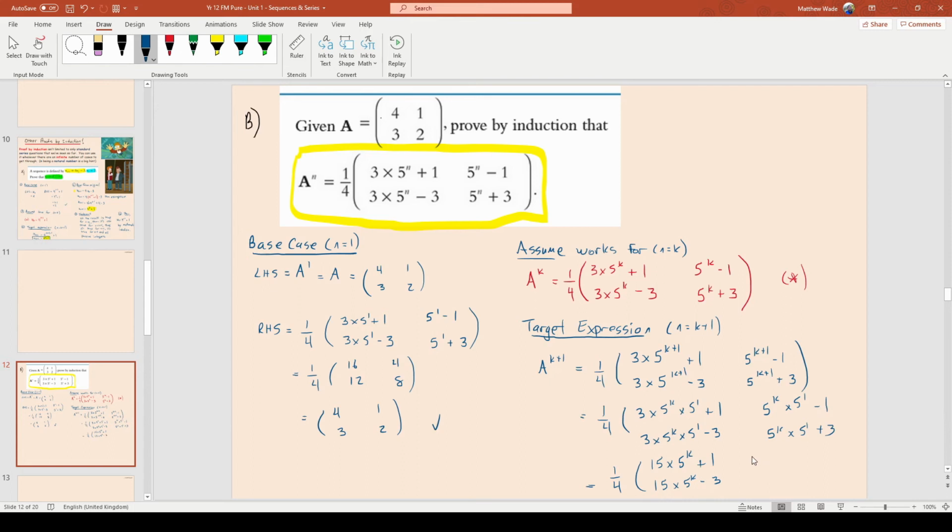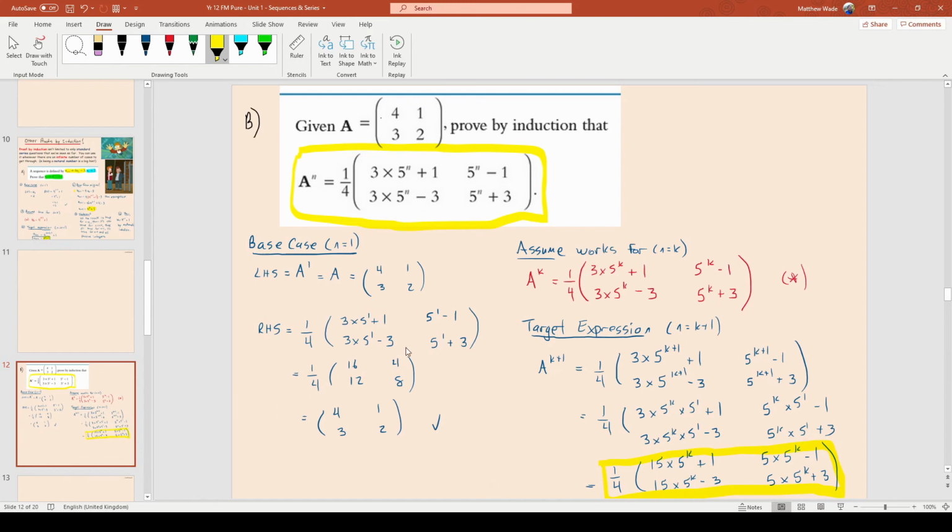This one here we're going to get 5 times 5 to the k minus 1, and here we're going to get 5 times 5 to the k plus 3. Now, fingers crossed, I'm hoping that this is a better form to have it in than 2 lines above, but we'll have to see.